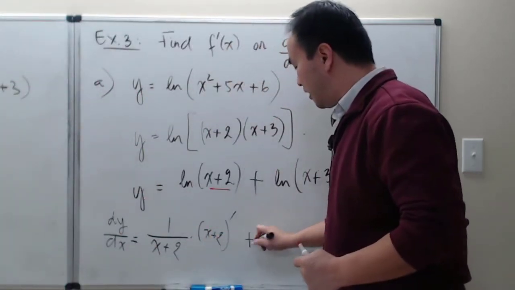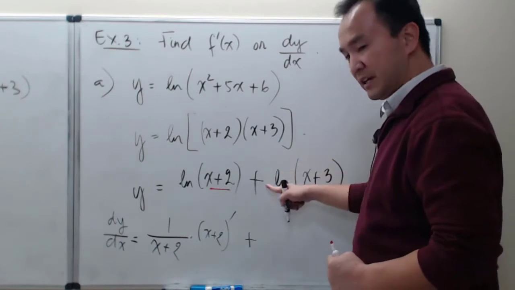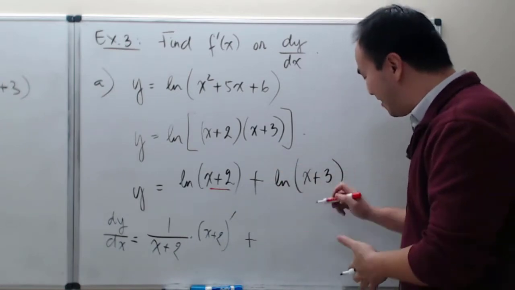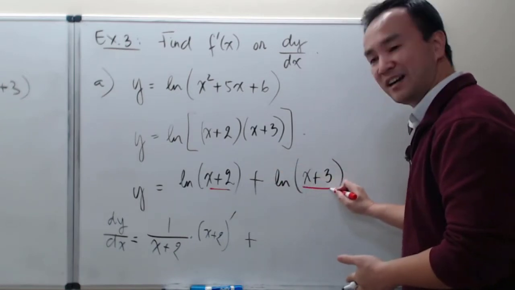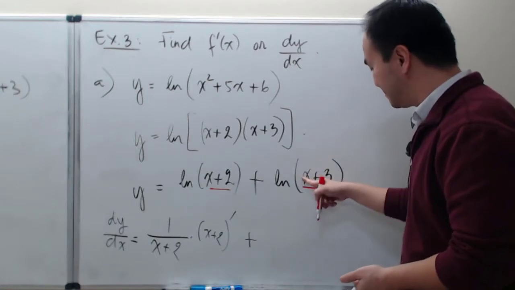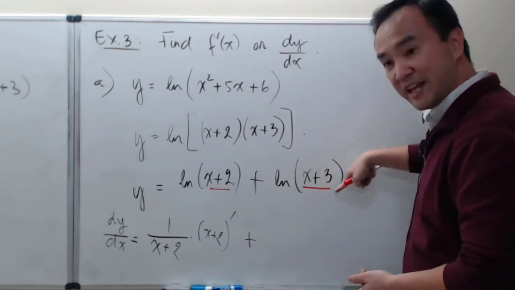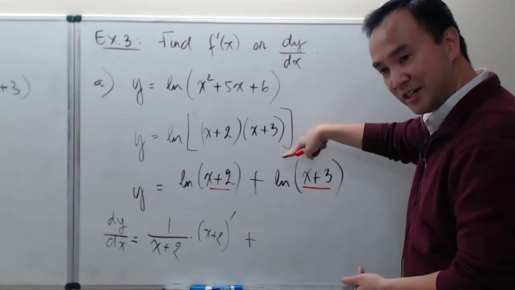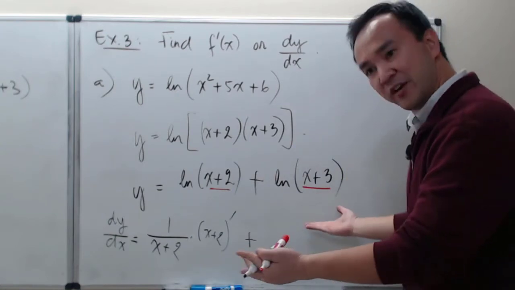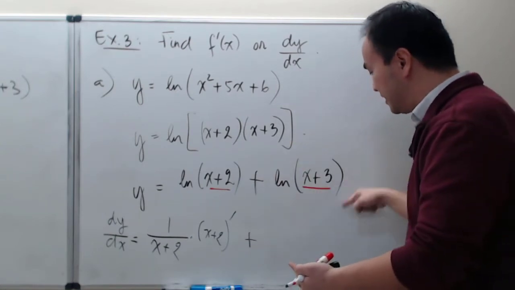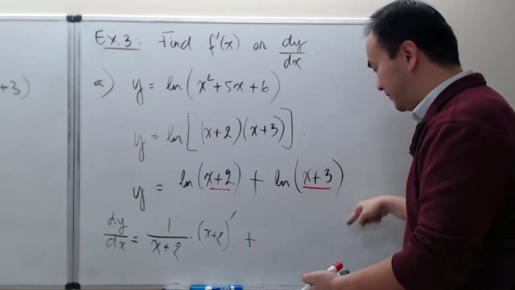Now we're moving on to the derivative of the next term right here. Now I can highlight again. I can underline the inside of this second term, the inside of this next term right here. Again, chain rule applies when we attempt the derivative of this.